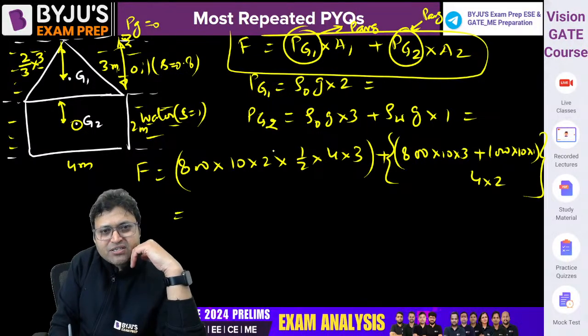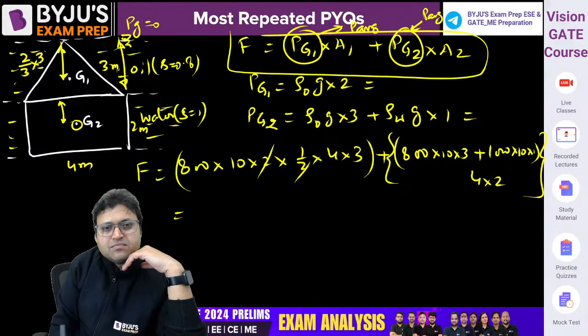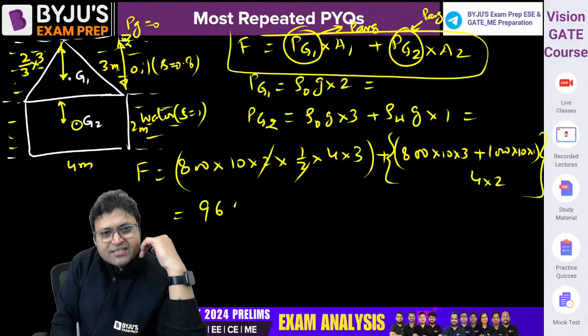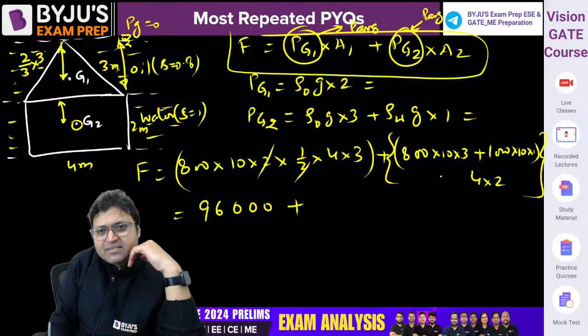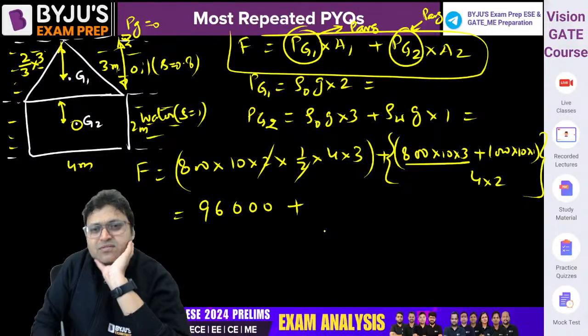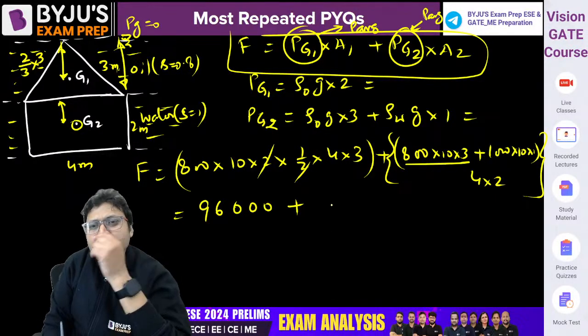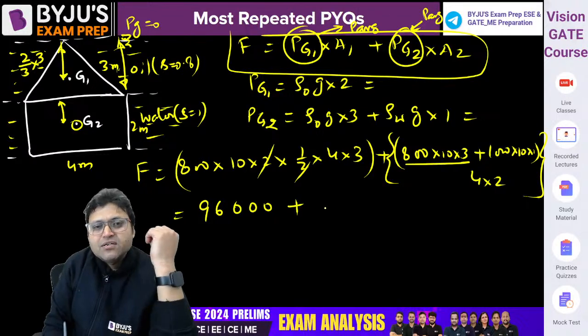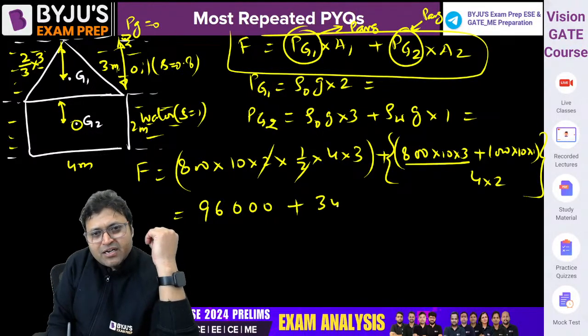Can you do the calculation? This 2 getting cancelled out. So 8000 into 4 into 3, that is 96,000, plus how much is that? This is 24,000 plus 10,000. How much is that? 34,000 into 4 into 2.